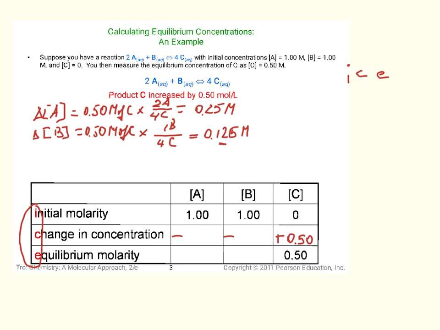We need to watch significant figures. Let us incorporate these numbers in the ICE table and find equilibrium molarities. It's going to be 0.75 for A and 0.88, remember significant figures, for B. That's it, solved.